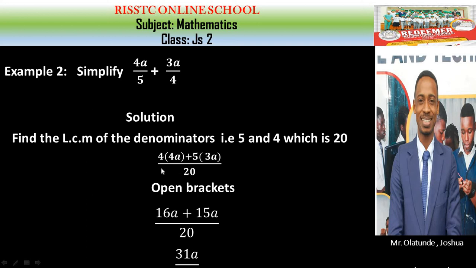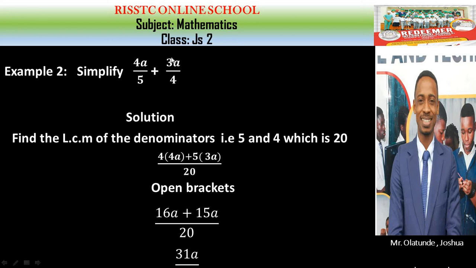Go straight to what we have here, that is 5. 5 in 20, we have 4. Write your 4 here, open a bracket. What you have at the numerator comes inside the bracket and close the bracket. Write your addition sign, plus. Also move to the next denominator, 4. How many 4 can we find in 20, which is 5? Open the bracket.